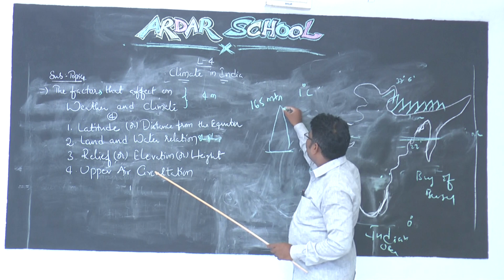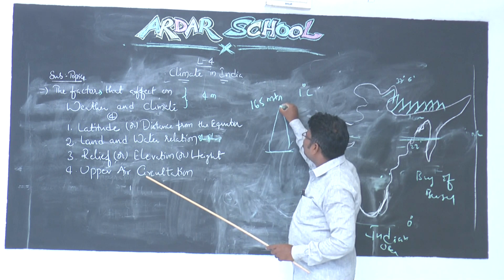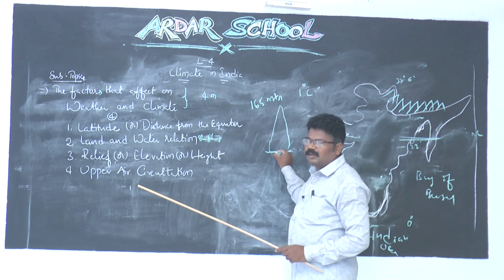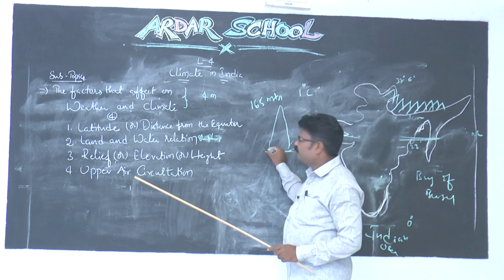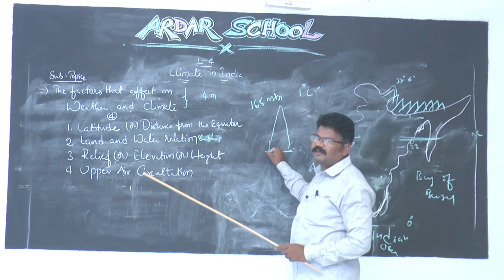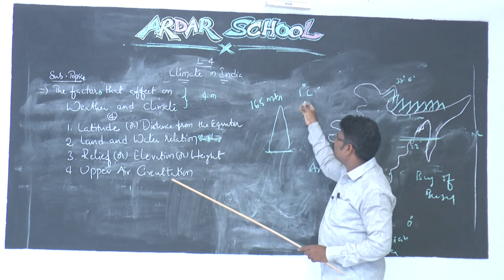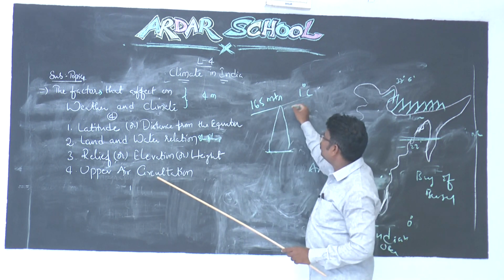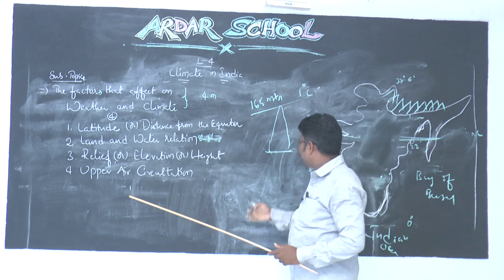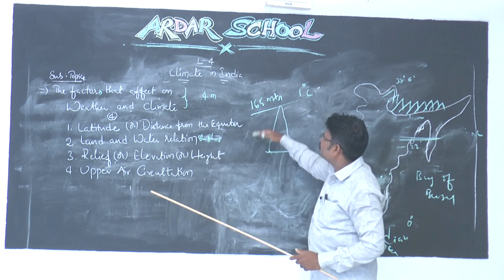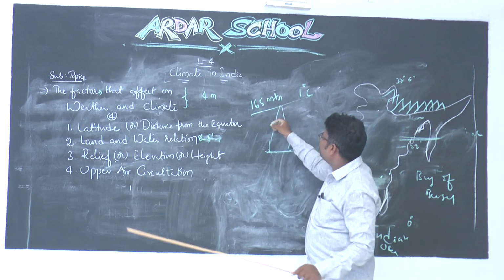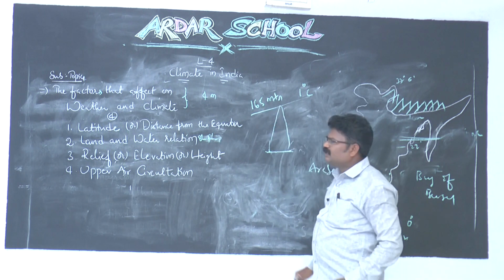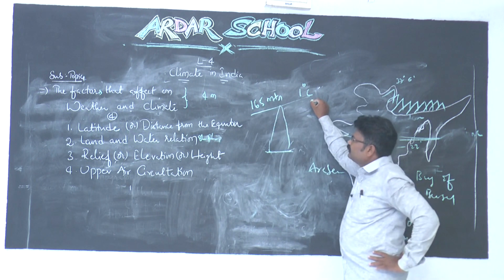The places on the top of the hills are colder than the foothills. So here is a temperature phenomenon: as we go from the Earth's surface into the atmosphere, for every 165 meters, the temperature drops 1 degree Celsius.